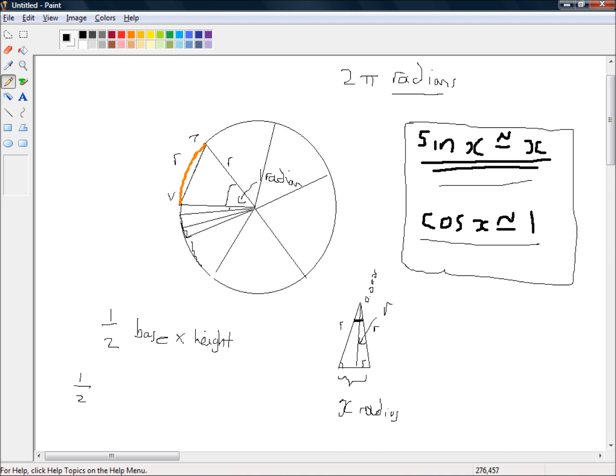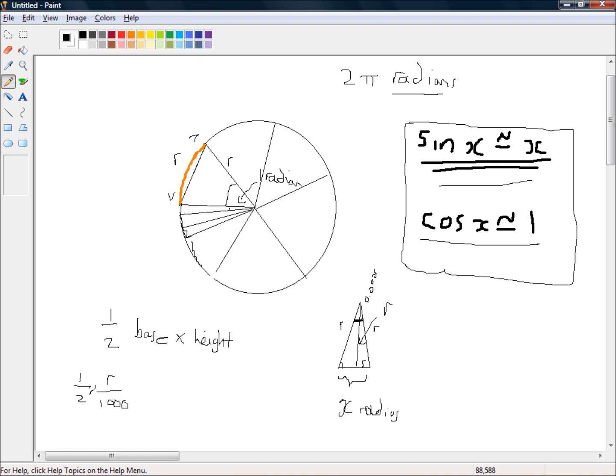Let's say arbitrarily that we've got 1,000 small triangles in one radian, so that's 1,000th of a radian angle, so the base is 1,000th of a radius, or 1,000th of r. So that's R divided by 1,000.